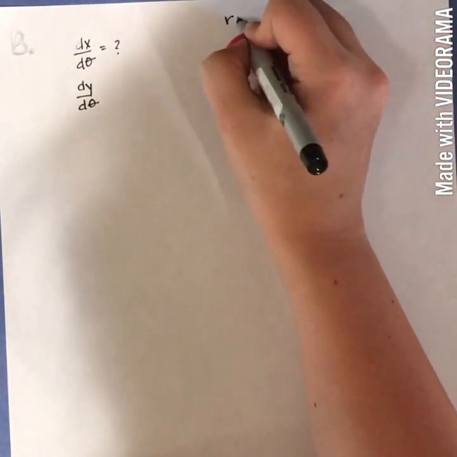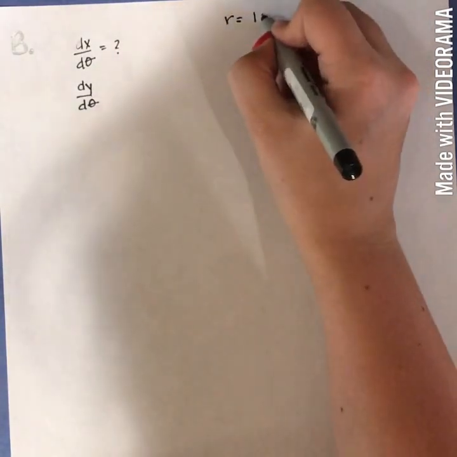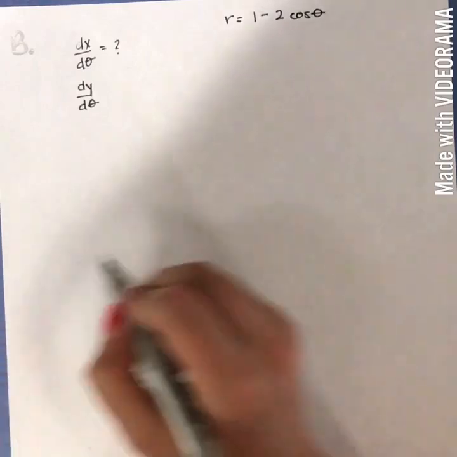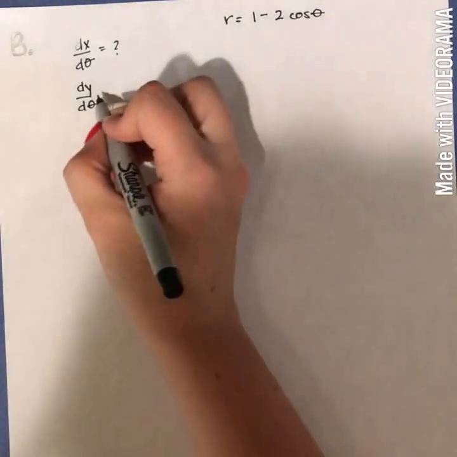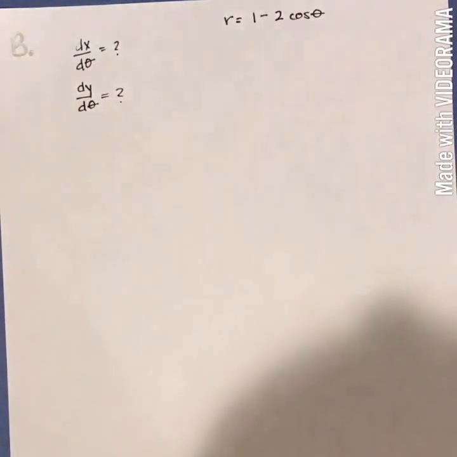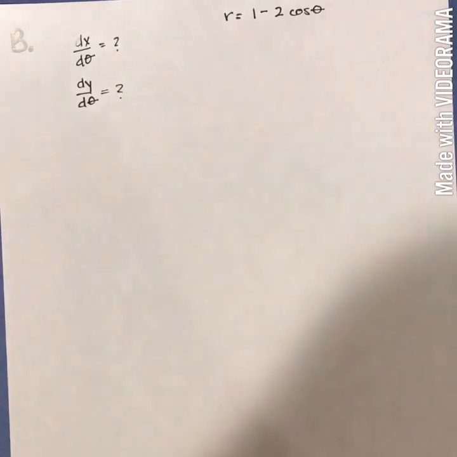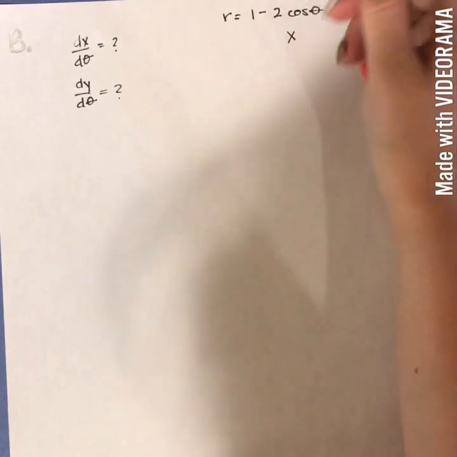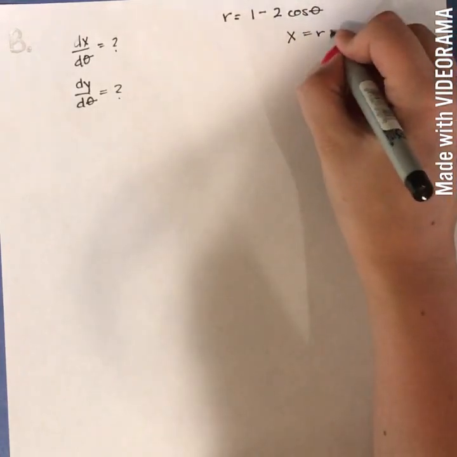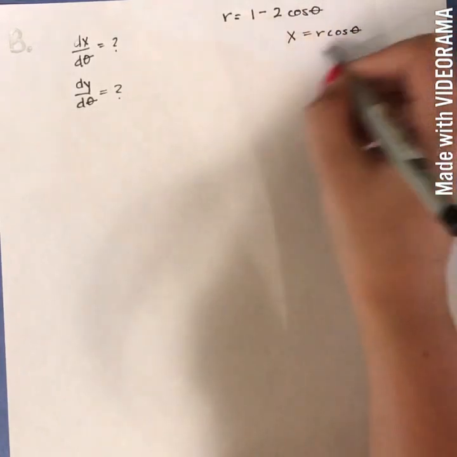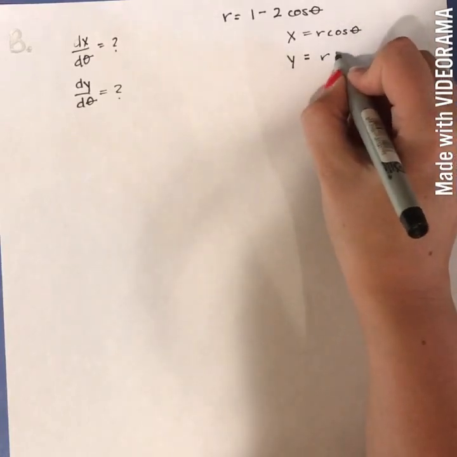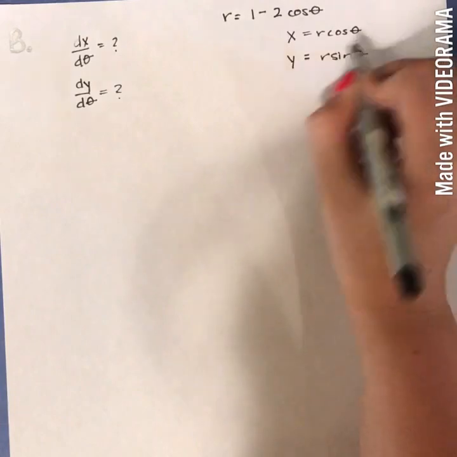And let's remember that our function is r equals 1 minus 2 cos theta. Okay, so we want to find both of these.